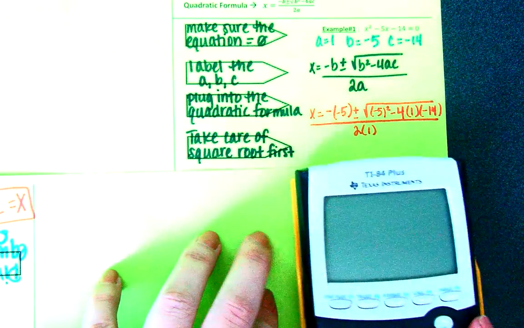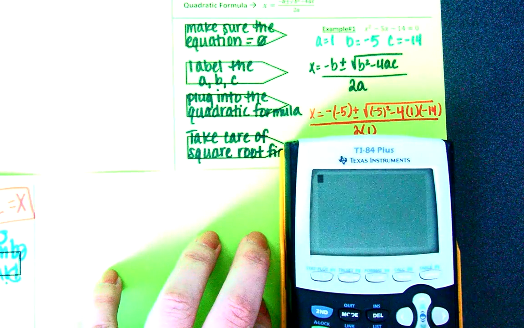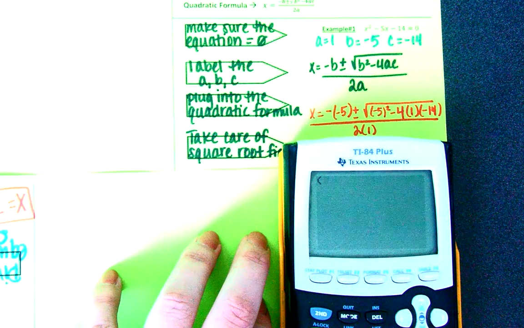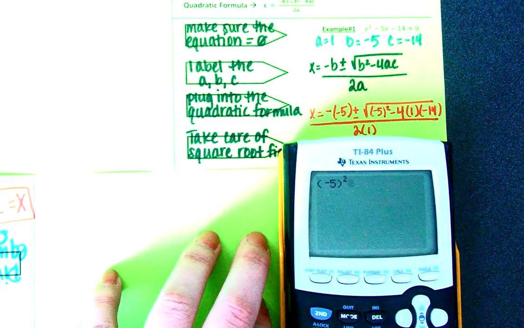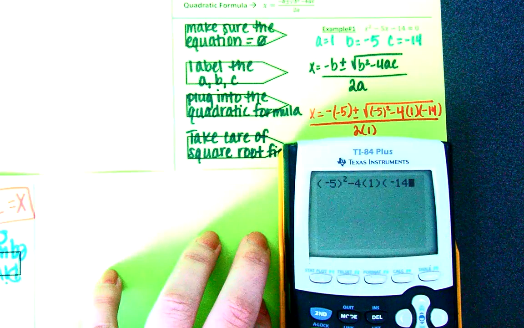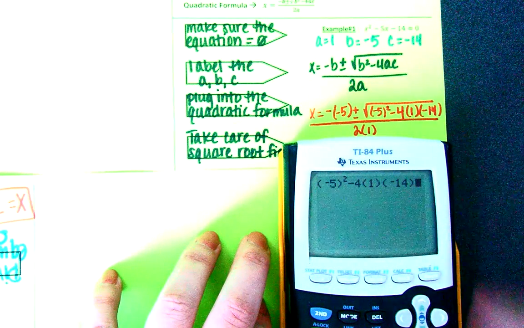So in your calculator, you want to put it in exactly how you see it. So you would put in negative parentheses, -5 squared, minus 4 times your 1 times your -14. Notice these two look exactly the same.